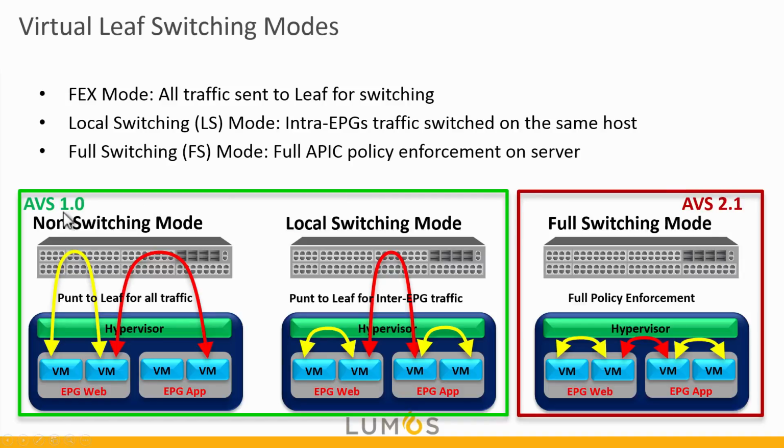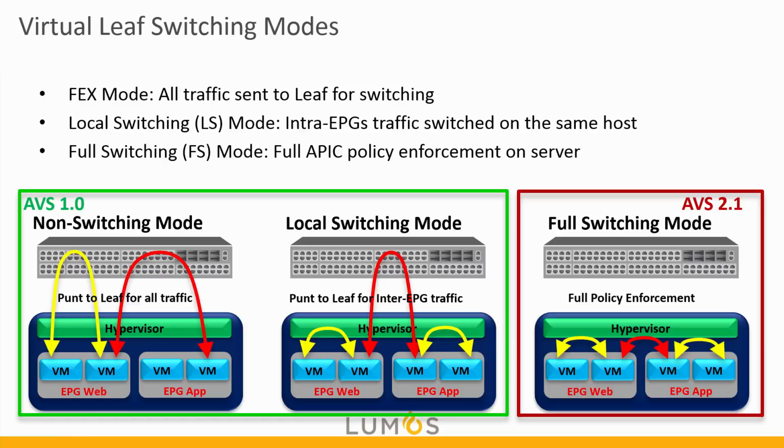So with AVS 1, or currently 2.0, in FEX or non-switching mode, if we want to go between VMs inside of a single EPG, so intra-EPG, we still have to punt all traffic to the leaf for switching and for policy. And again, policy in terms of who can communicate with whom: inside of an EPG, everyone can communicate with everyone, so there really is no policy that needs to be applied.